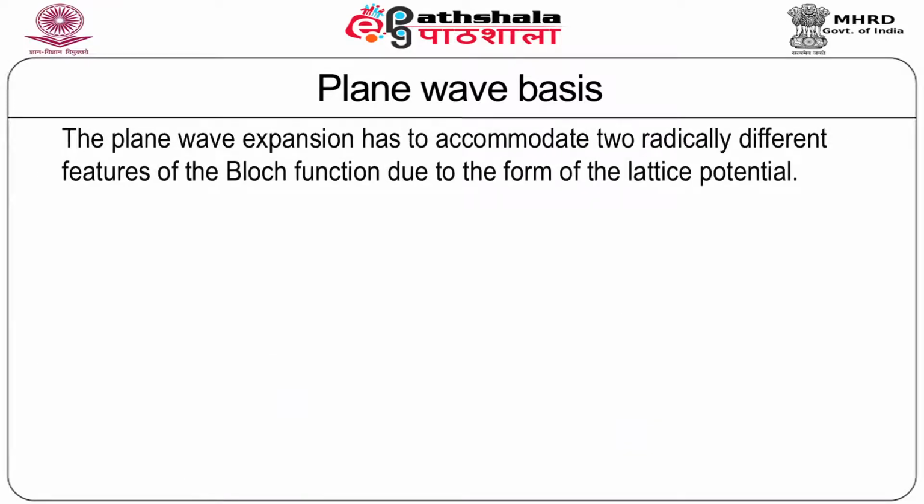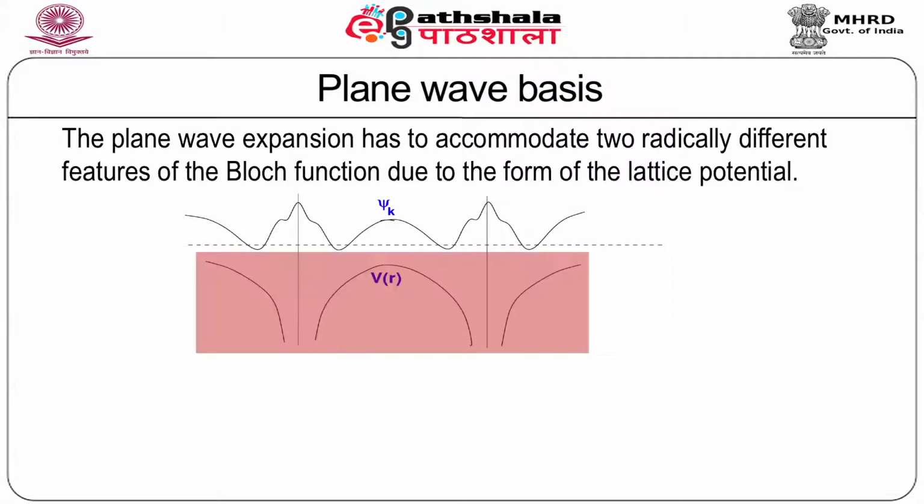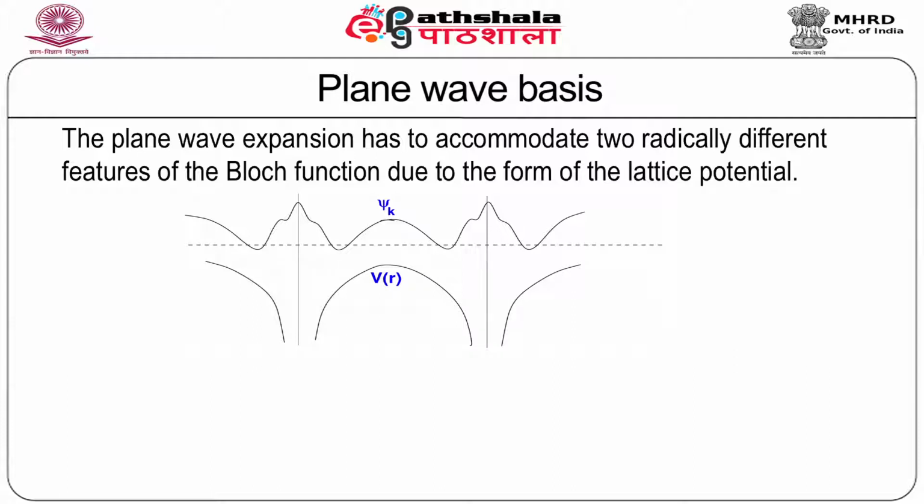So, the plane wave expansion has to accommodate two radically different features of the Bloch function due to the form of the lattice potential, which is shown in this figure. Inside the atomic core region, the potential is practically spherically symmetric and deep, and the wave function psi in this region has rapid oscillations and angular dependence of an atomic wave function, as shown here.